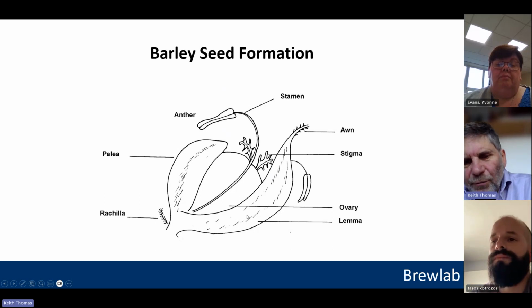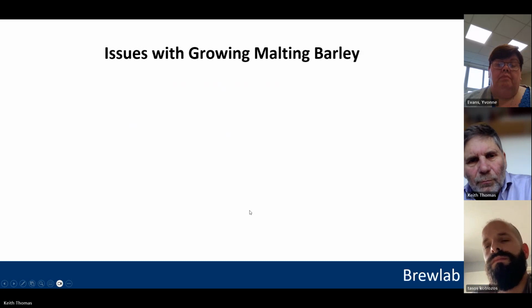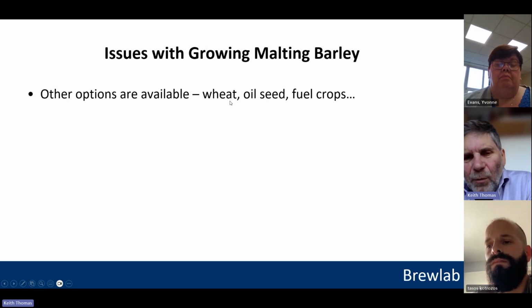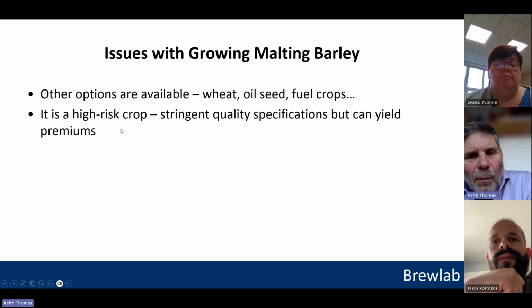So that all develops into the final grain. When the grains are growing, farmers have various options of what to grow, particularly wheat, because that's a very required food product, but also oilseed rape and fuel crops and so on.